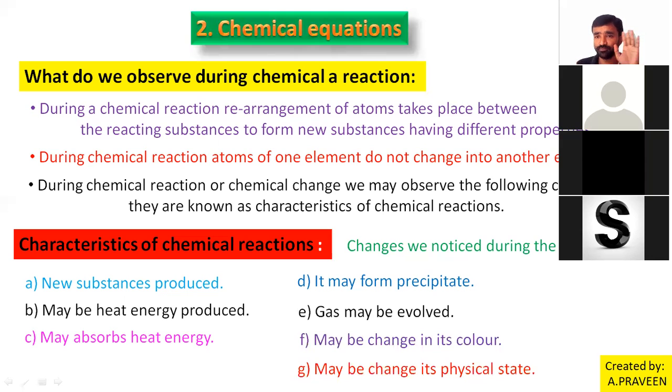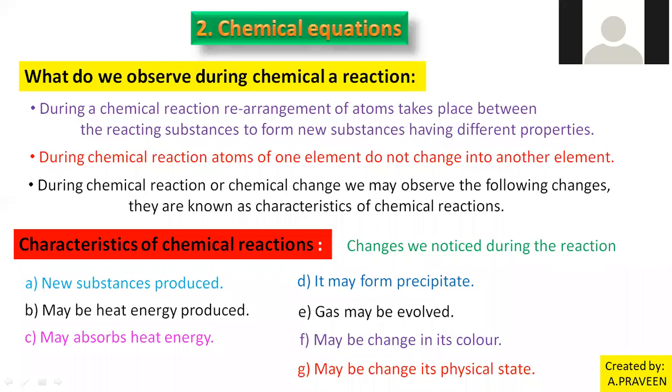Are you clear? Yes, right. So the changes I noticed, I have given as characteristics from the activities. Not only the 3 activities, many activities are there to observe. By observing them, we generalize the characteristics of chemical reactions, right?